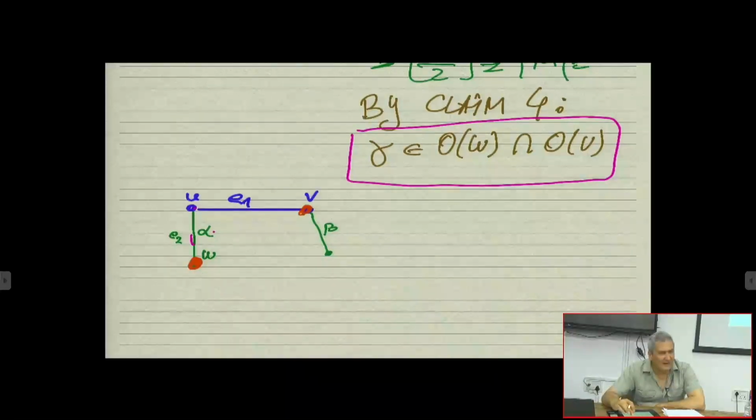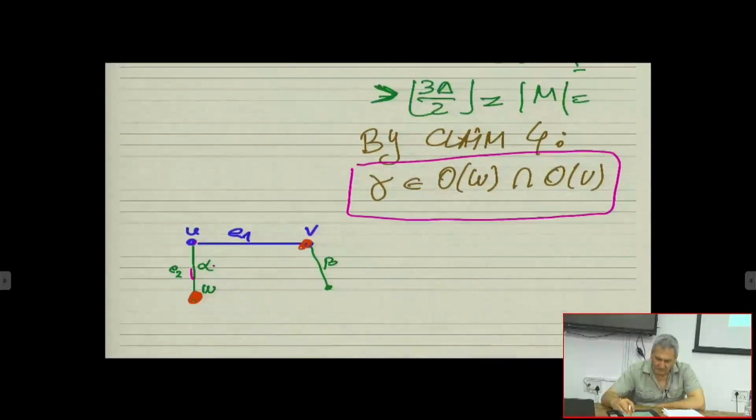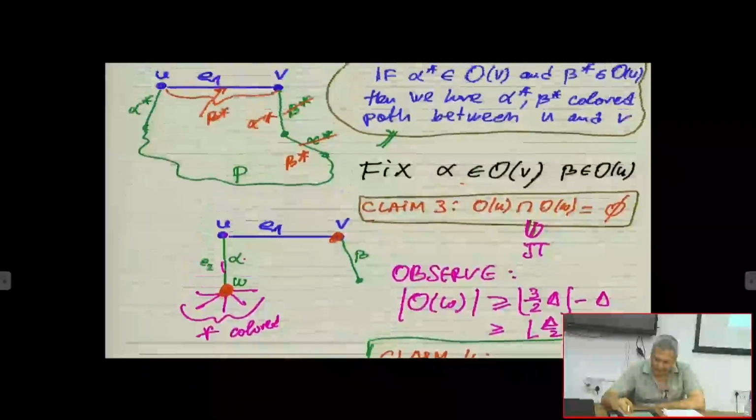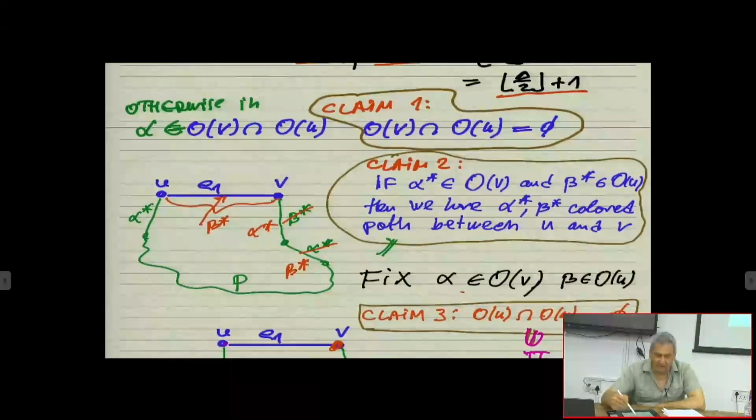Now let's have a look at claim 2. For any alpha star that is missing in O of V and any beta star which is missing in O of U, there must be a path like this, connecting U to V, that is alternating. So in this claim I will take beta star to be beta and alpha star to be gamma, because this claim is for any alpha star and any beta star, which is satisfied.